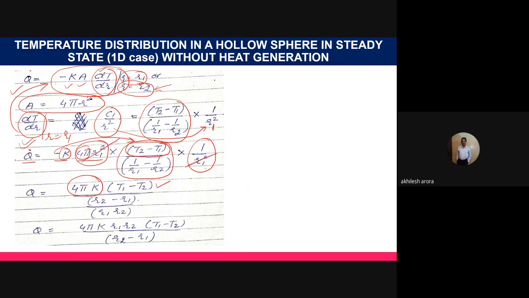So finally here we get R2 minus R1 divided by R1 R2, and finally the heat transfer rate is equal to 4 pi K R1 R2 (T1 minus T2) divided by R2 minus R1, and this can also be written as delta T, that is T1 minus T2, divided by (R2 minus R1) divided by 4 pi K R1 R2, and this represents the conduction resistance in case of a sphere, and this delta T is T1 minus T2. So that is how we calculate the temperature distribution equation in this particular case.